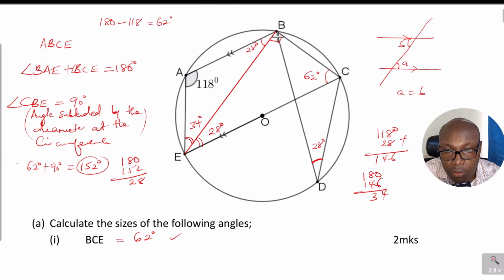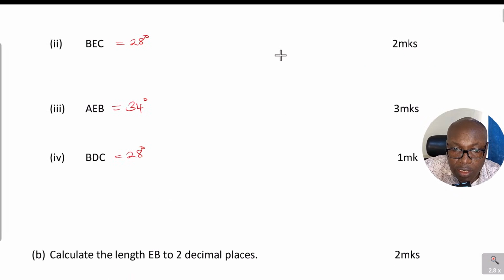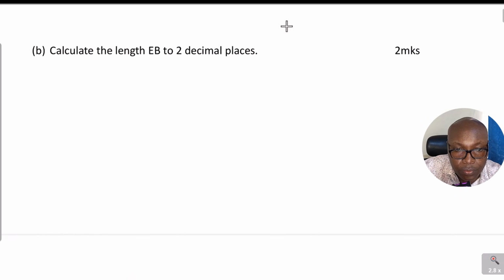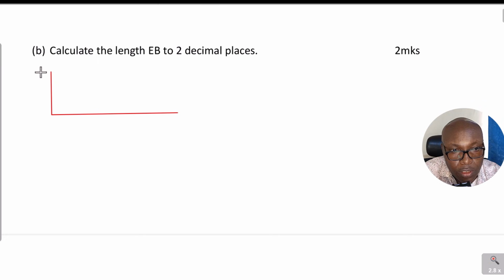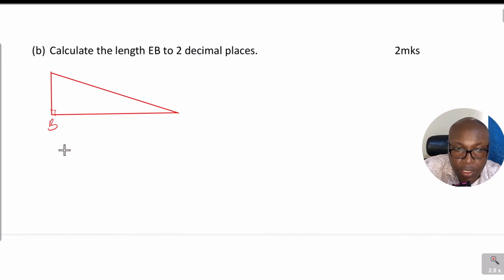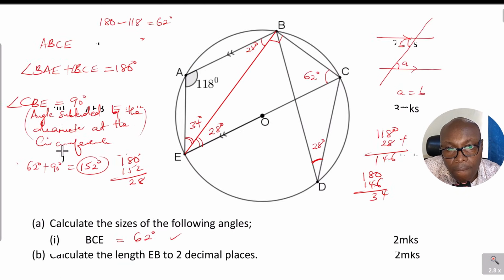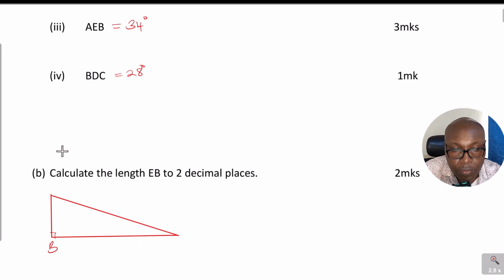It is right angled at B. So I can extract that. So it is right angled at B. So that is B, and then we have C at the top there, and then E.